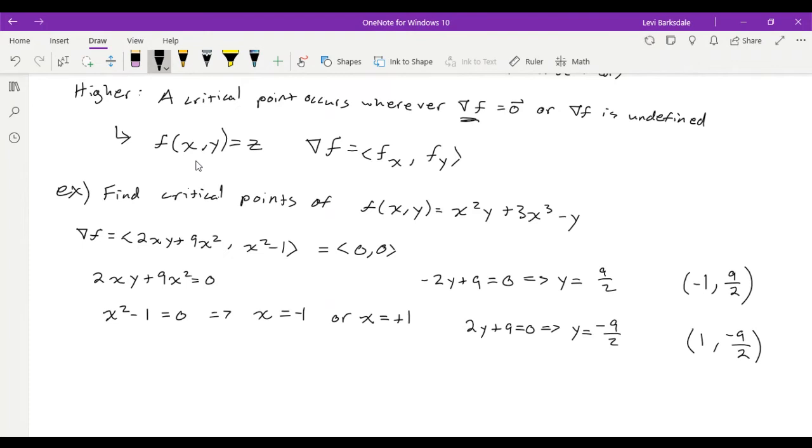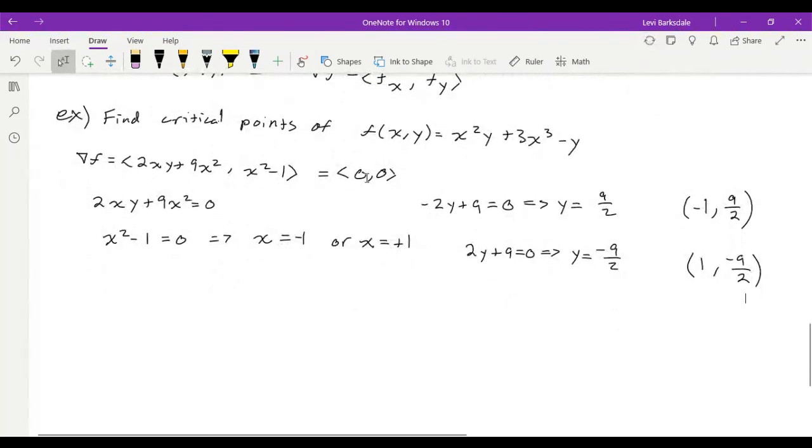But how do you tell if this is a max or a minimum? Well, in this, we are not entirely sure using just what we know. We need something else, and that something else is the second derivative test. So here's the second derivative test.